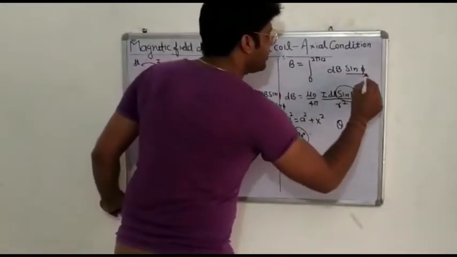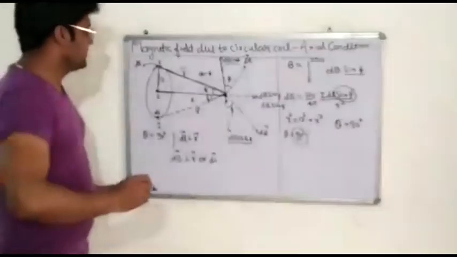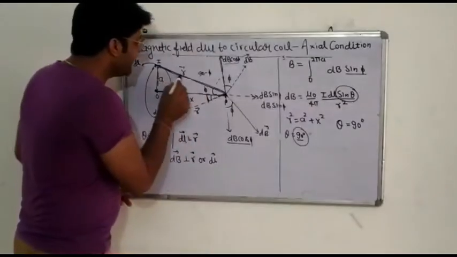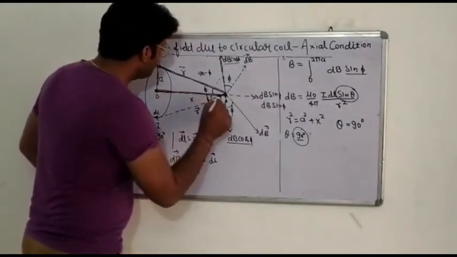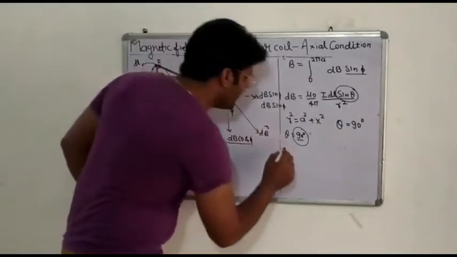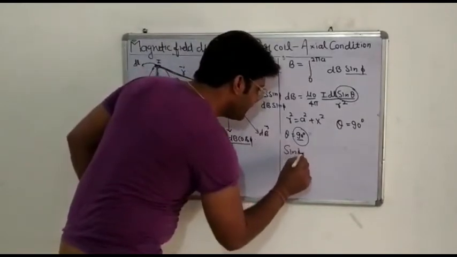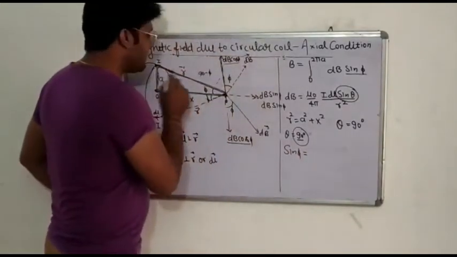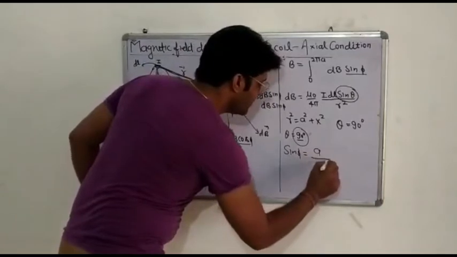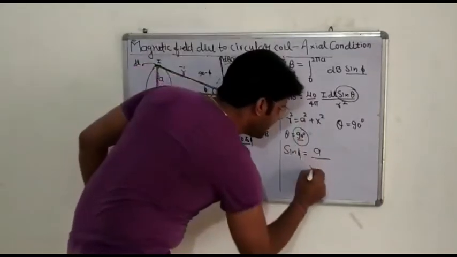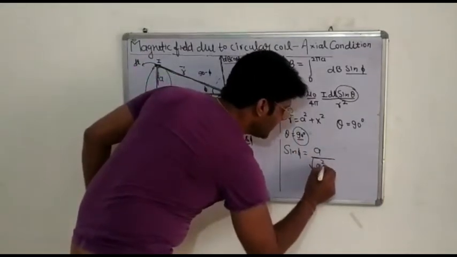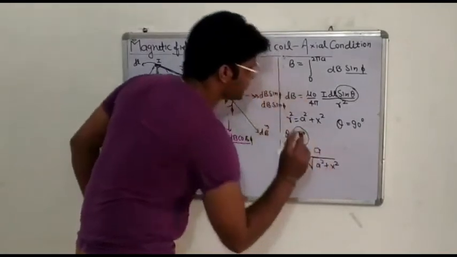And if I am talking about the sin phi here, so you can see in this figure, sin phi equals a upon r, and what is the value of r? That is the square root of a square plus x square.